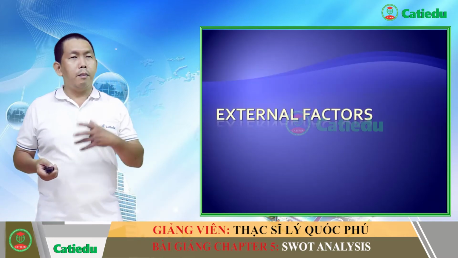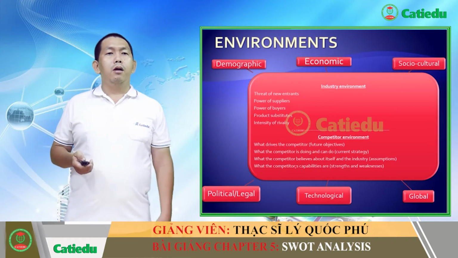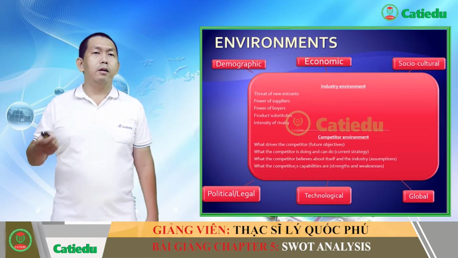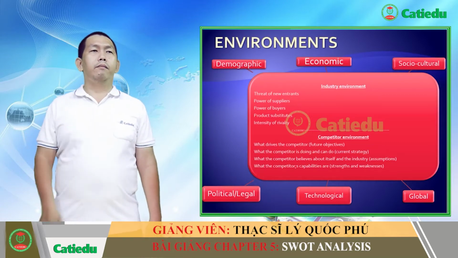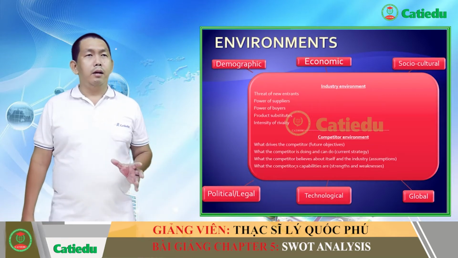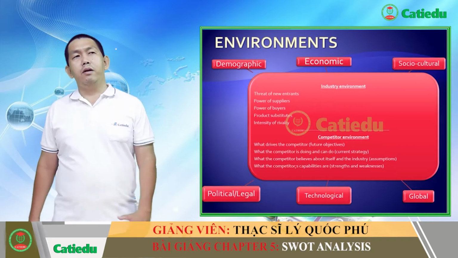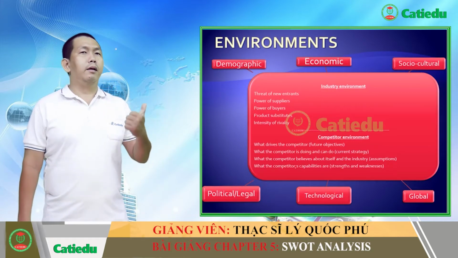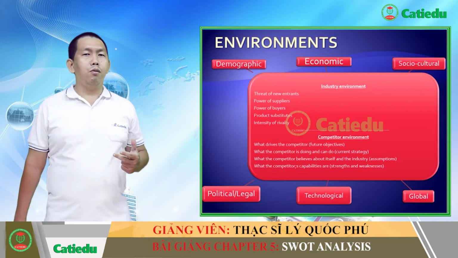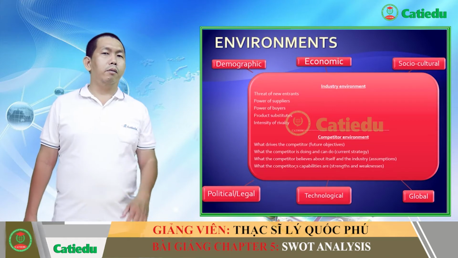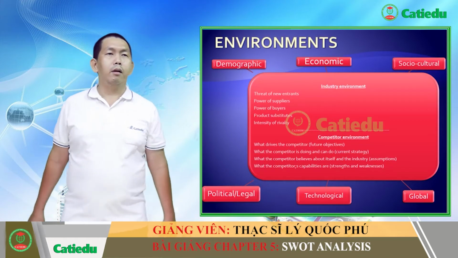External factors, let's talk about external factors. So external factors, you have the industry environment and competitive environment. We analyze this based on elements: demographic, economic, social, cultural, political, legal, technological, and global.